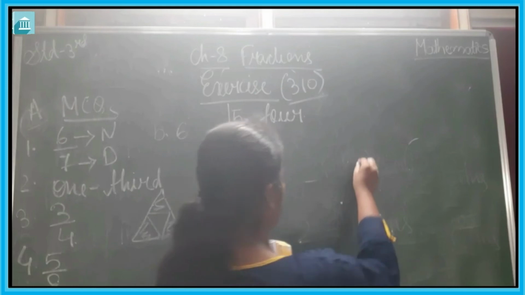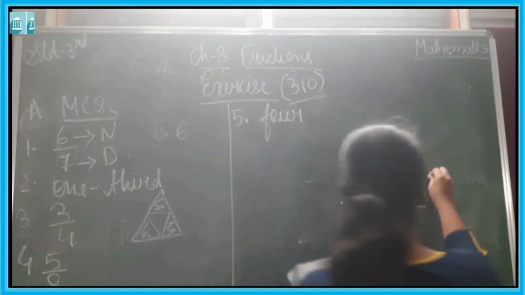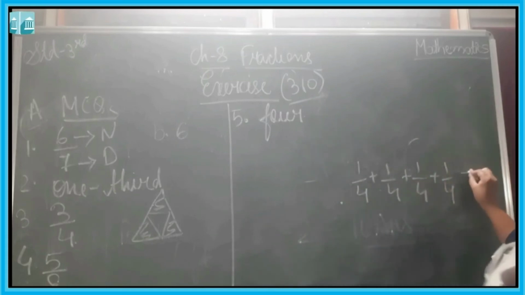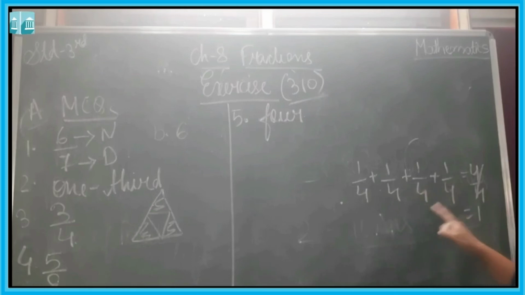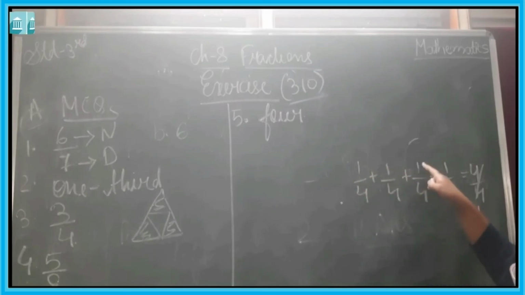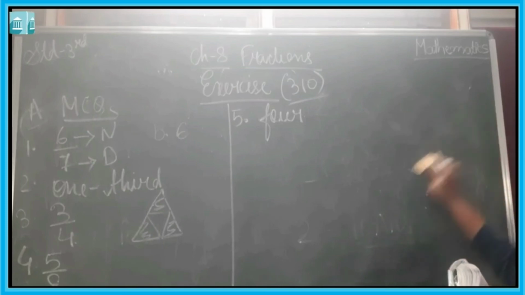Okay, chalo. 1/4 plus 1/4 plus 1/4 plus 1/4 is equal to 1, 2, 3, 4. 4/4 means it is 1. So हम 4 टाइम्स अगर 1/4 लेंगे तो हमें एक होल मिलेगा. Yes or no? 1/4 plus 1/4 plus 1/4 plus 1/4 is equal to 4/4. That is 1. Means 4 टाइम्स अगर हम 1/4 लेंगे तो हमारा होल होगा.